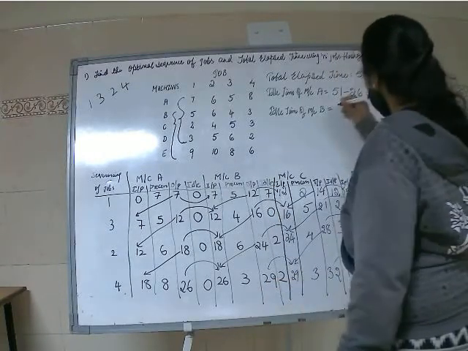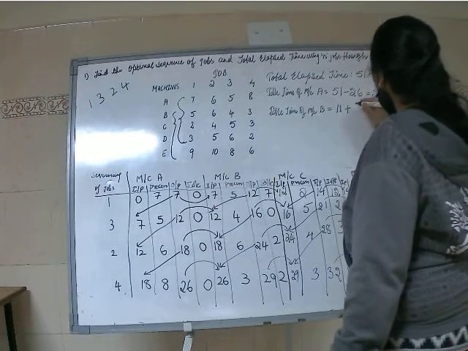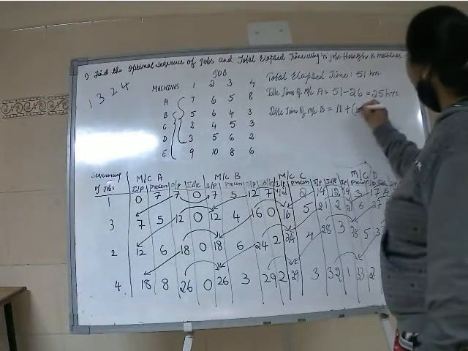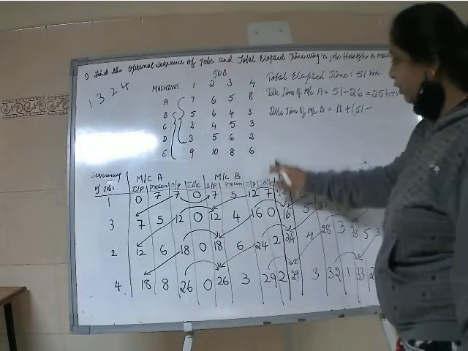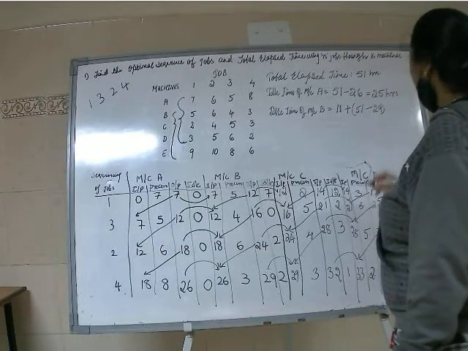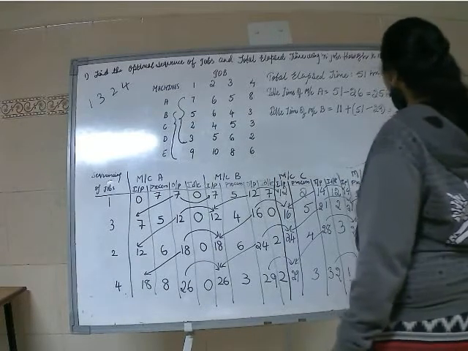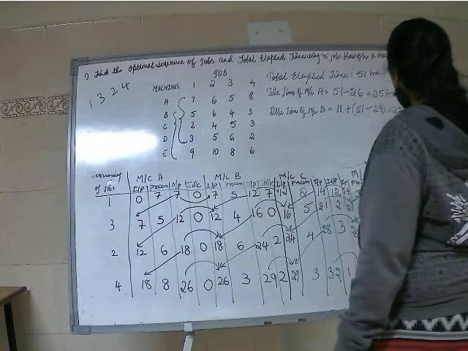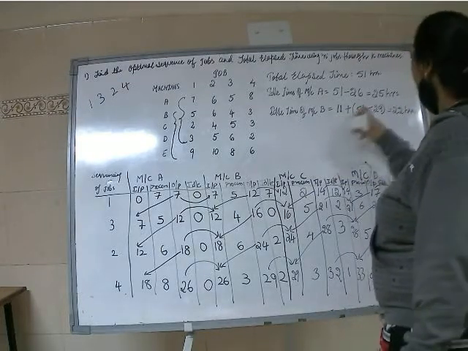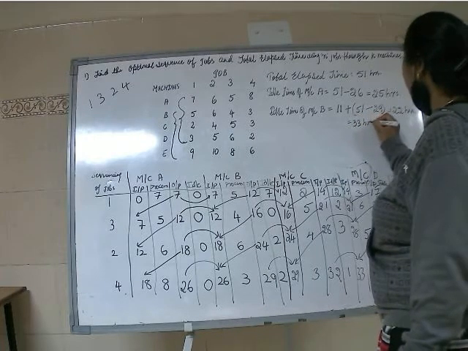It's 11 plus, if I take the last output of machine E is 51, and the last output of machine B is 29. So when I subtract the values, I will be getting it as 22 hours. Now I have to sum them up. Okay, so it's 11 plus 22, I will get 33 hours.